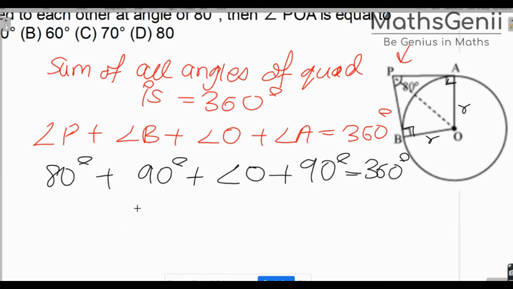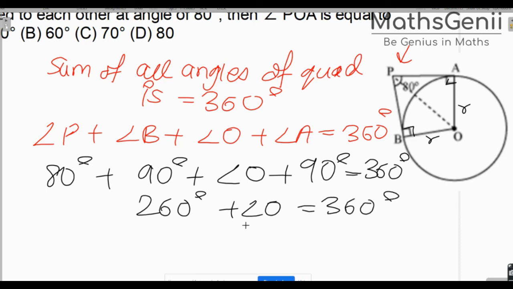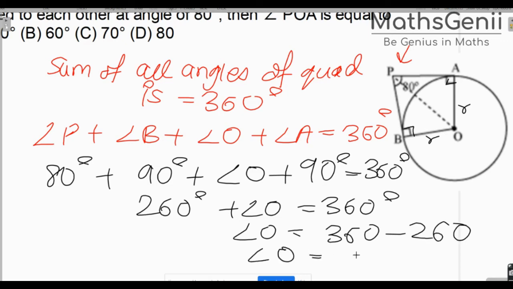When you add all this, 90 plus 90 is 180, 180 plus 80 is 260. Angle O is equal to 360 minus 260. Angle O is equal to 100. This big angle O is 100.